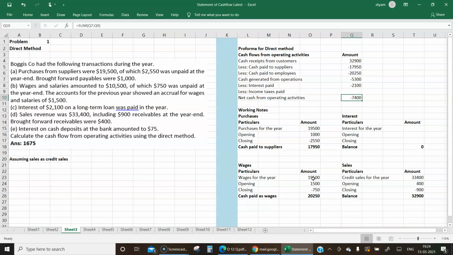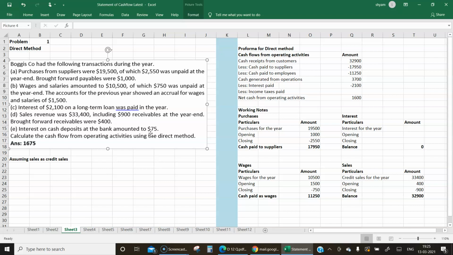I think wages is 10,500. Sorry, I think we missed it. Wages is 10,500, so we have this amount. So wages is only 11,250. Sorry.